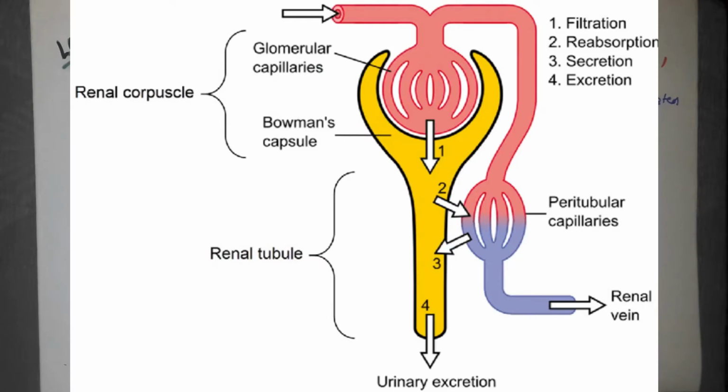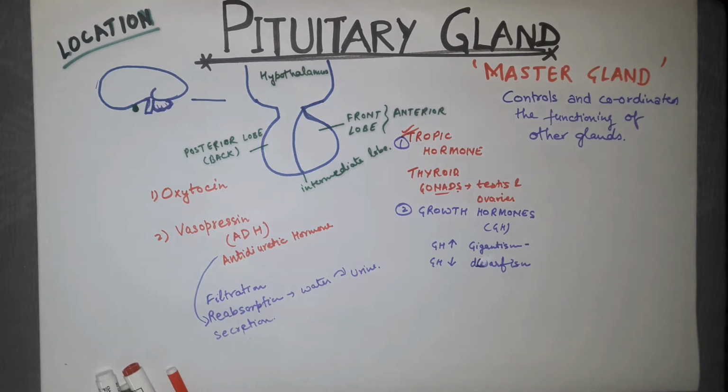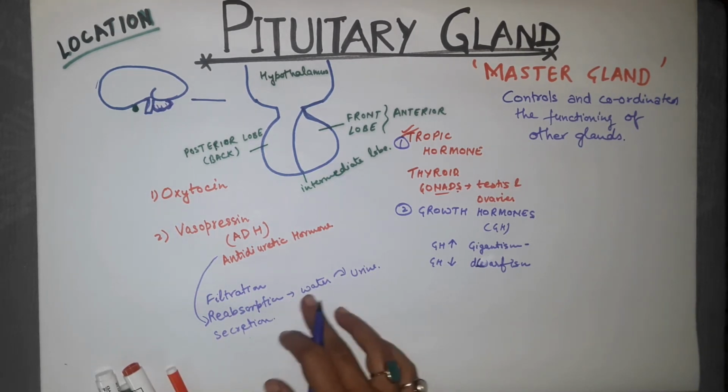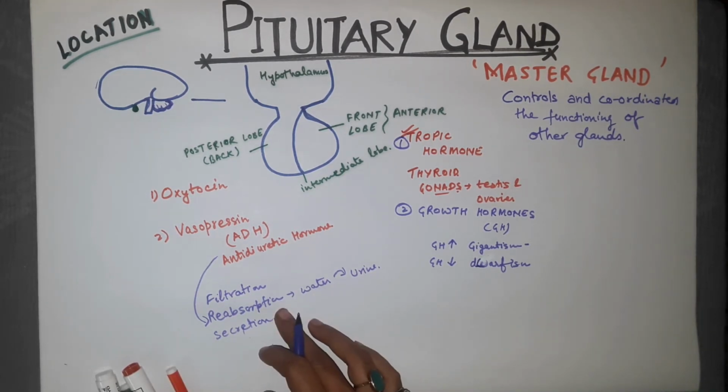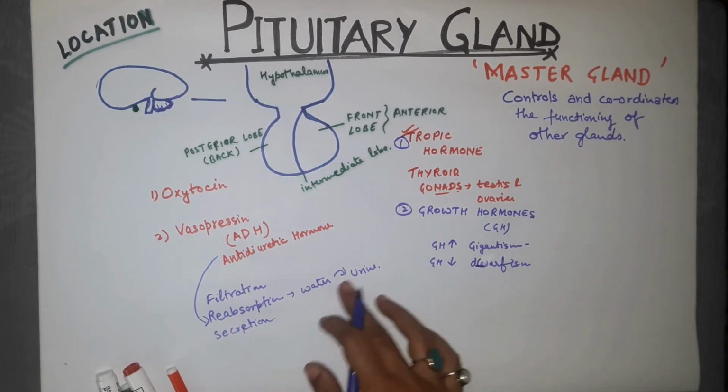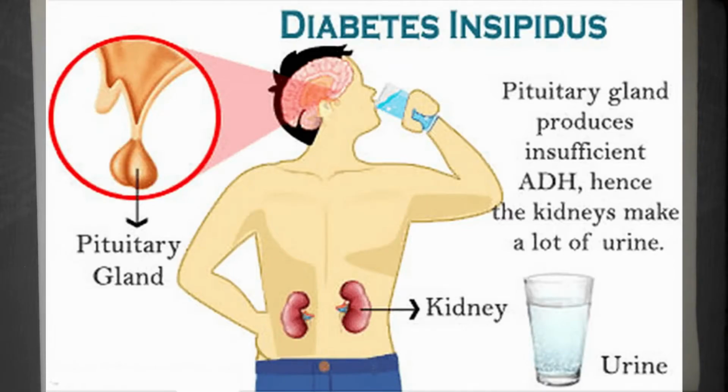Reabsorption of what? Reabsorption of water back into the blood. But if this antidiuretic hormone will not be there, then the reabsorption process will get disturbed, and more water will start getting excreted with the urine.